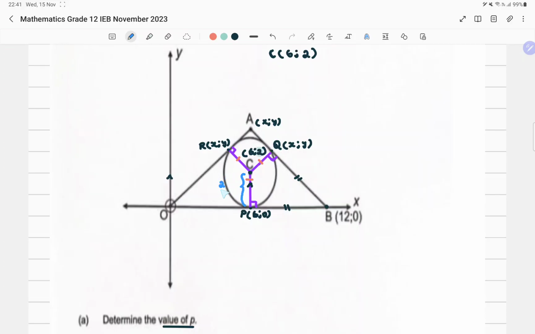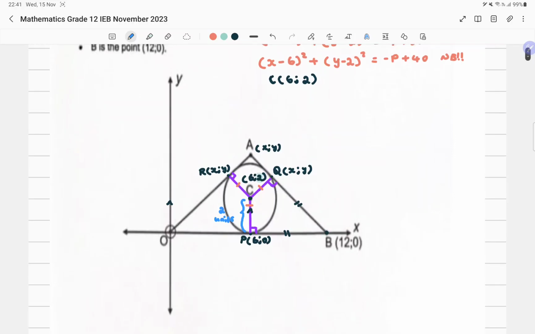This is 2 units. Okay, so can you see our radius is being given indirectly? There's so much we can learn from this. So the radius is 2 units. Obviously, you wouldn't know from there, but we can see that the radius is essentially 2 units.